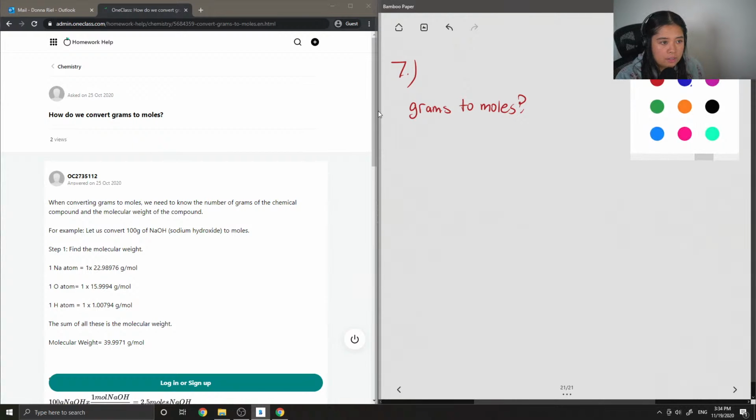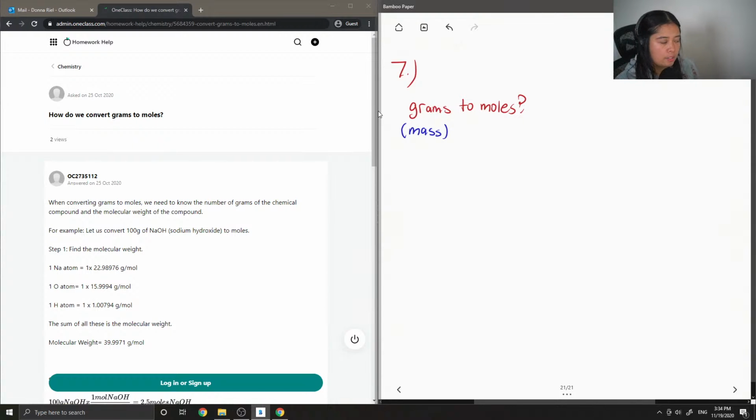So grams is a unit of mass, and moles is just its own unit. So to convert from grams to moles, we would simply use the equation number of moles is equal to mass over molar mass.